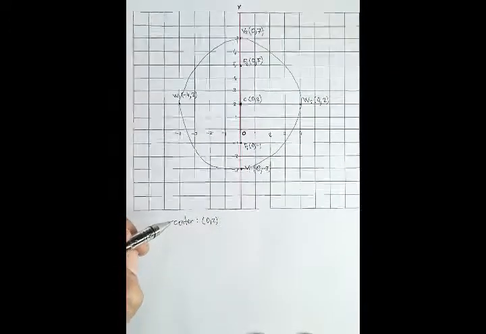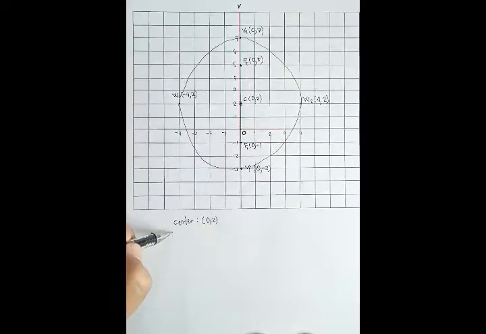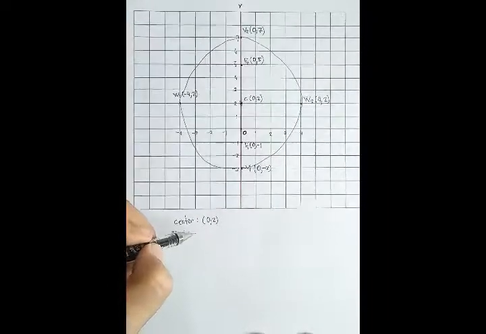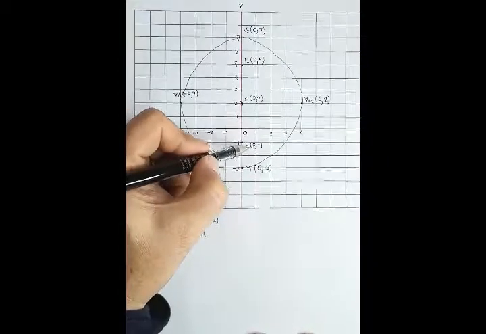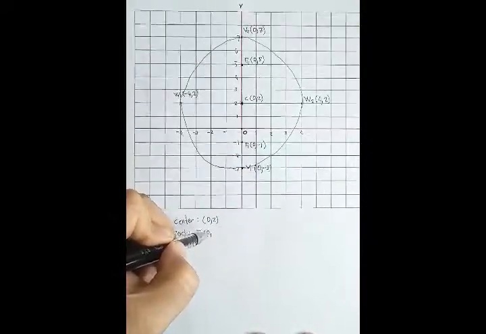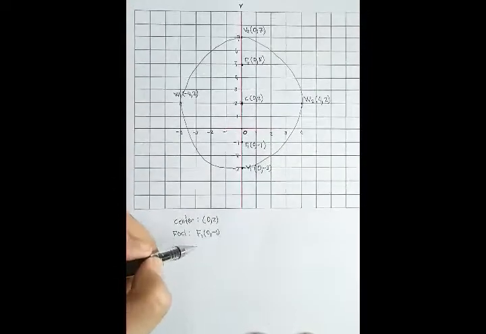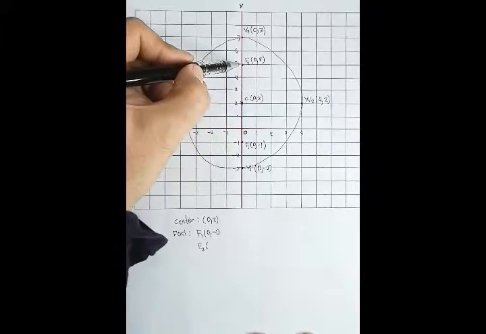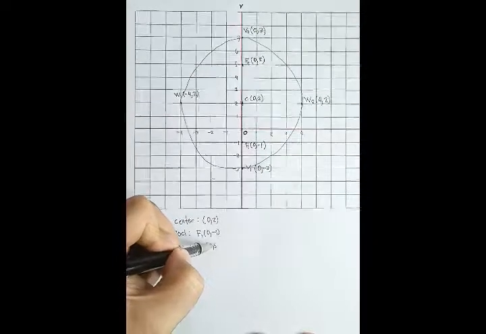And then we can proceed with the foci. Our F1 is at 0, -1. Okay? Our focus 2 is at 0, 5.